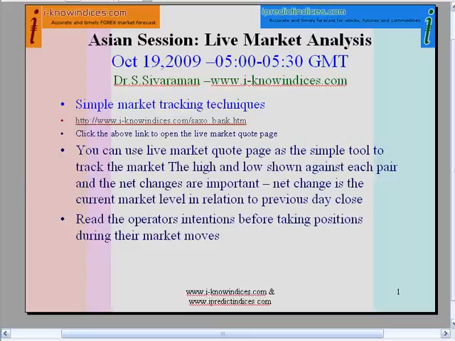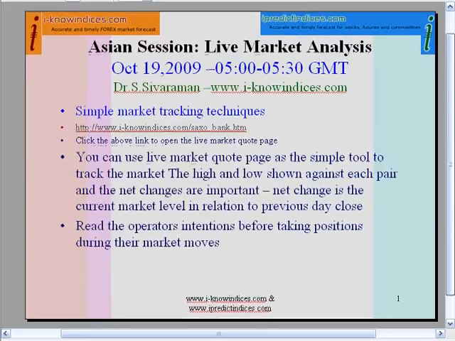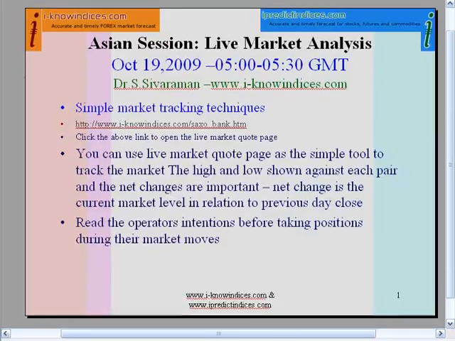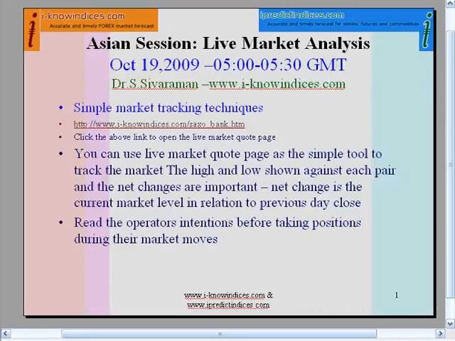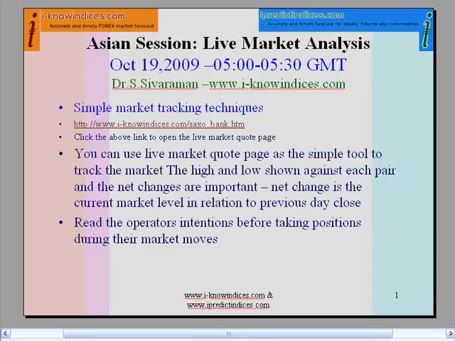Or you can call it session 1, session 2, session 3, and in between you come across the gap time. So if you understand the market in terms of the GMT time frame, then you can see how exactly the players are making the moves in the market, and that will give us an indication of what the next possible move will be. So let us analyze the market for the Asian session.